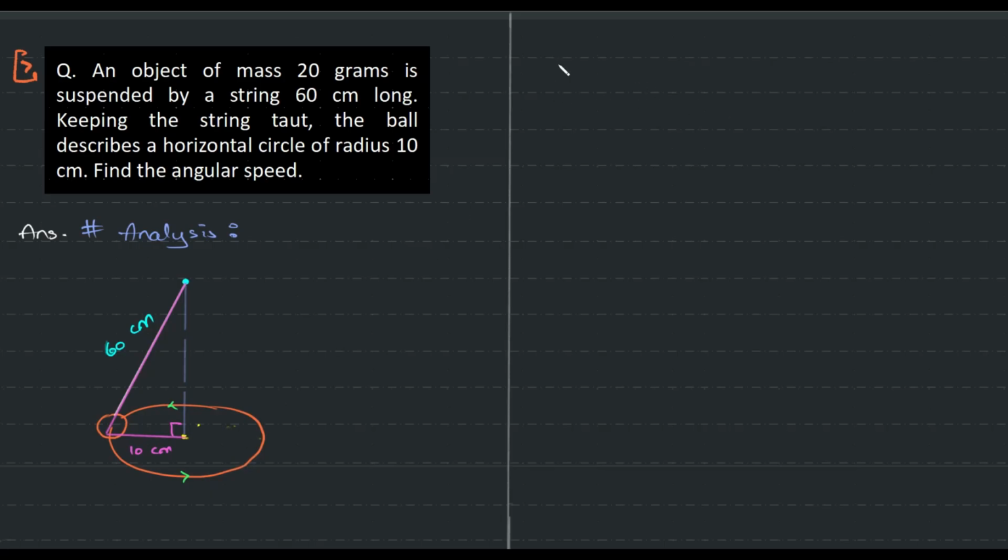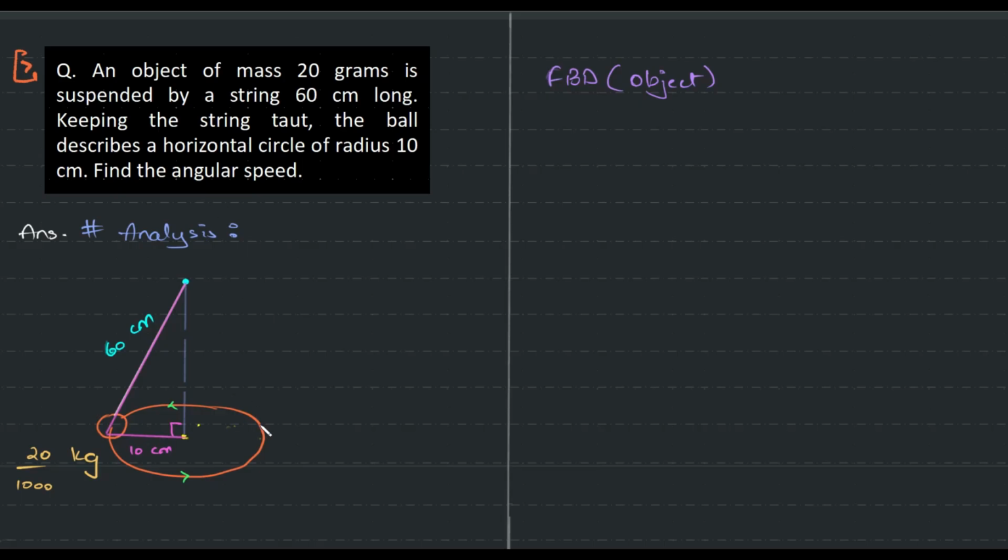So let's look at the free body diagram of the object. Mass is 20 by 1000 kg.